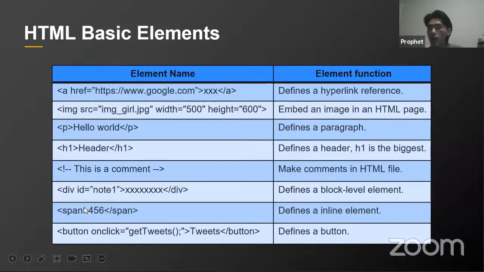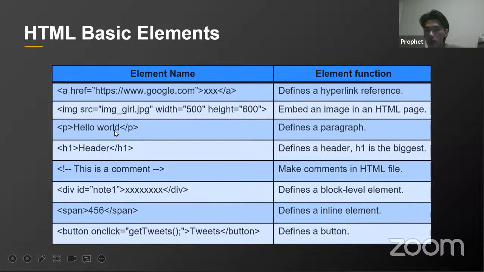Like if you have a sentence here, if you have a hello world here, and if you give this element an ID, then when you change the character of this ID, the whole text will change.